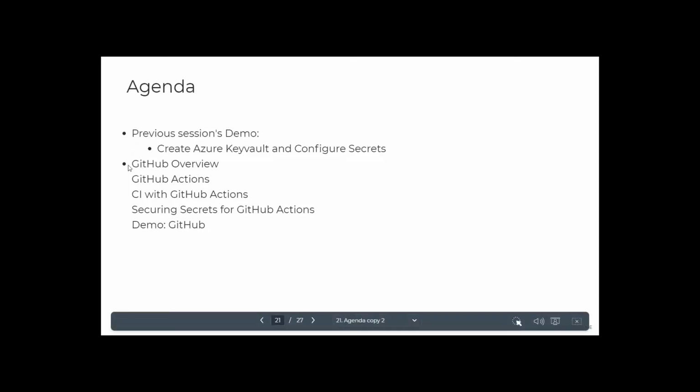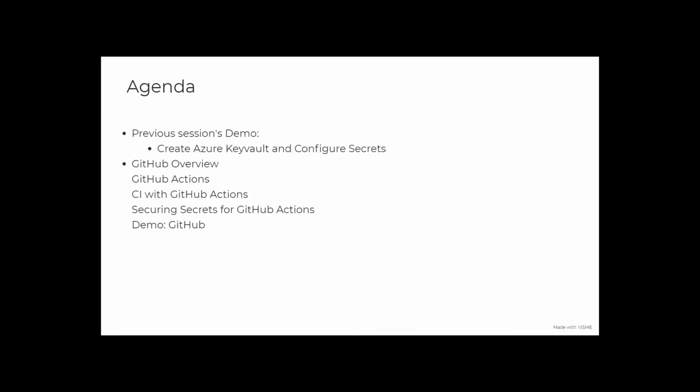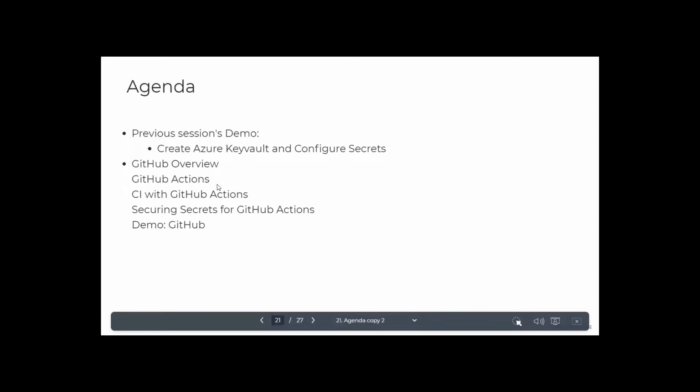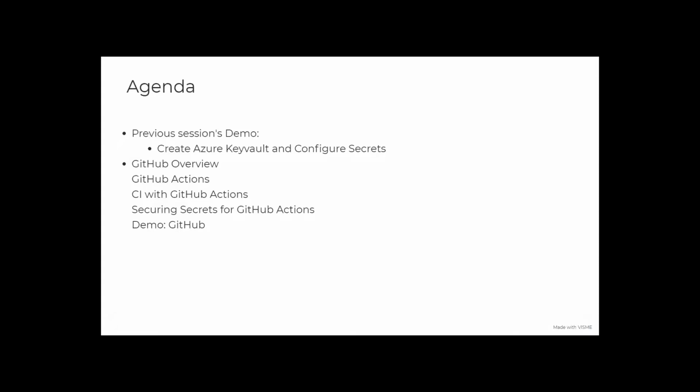Then the GitHub overview, and then GitHub Actions, and how we can accomplish continuous integration with GitHub Actions. As a native feature, GitHub also provides a way to store the pipeline-related secrets.